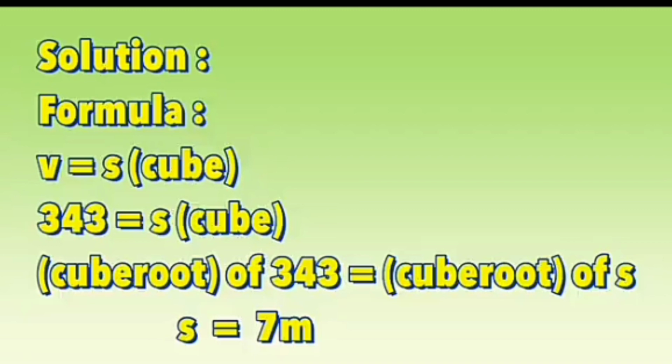And then our next step is to find the cube root of 343, and the cube root of s cubed is s. So that's why the side now is equal to 7 meters.